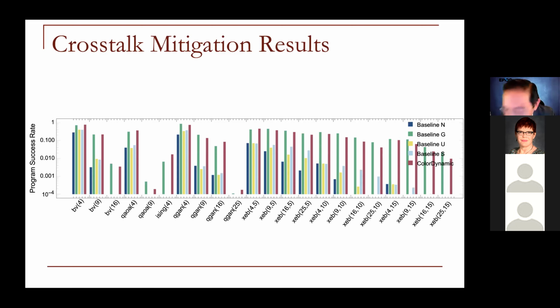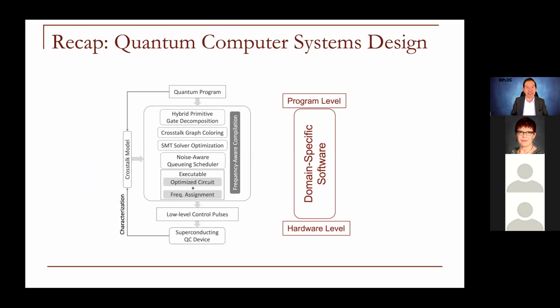Okay, so let me take a step back and wrap up, right? Our view of this full stack physics-aware software design is what we might think of as an overall system view, or what we might call quantum computer systems design. And what we're really doing is building a domain-specific software stack from the program level all the way down to the hardware level.